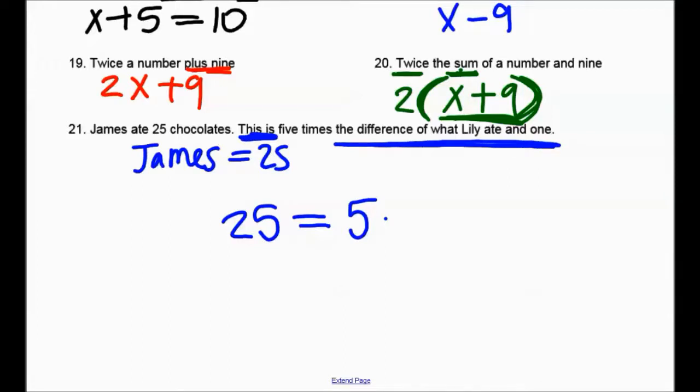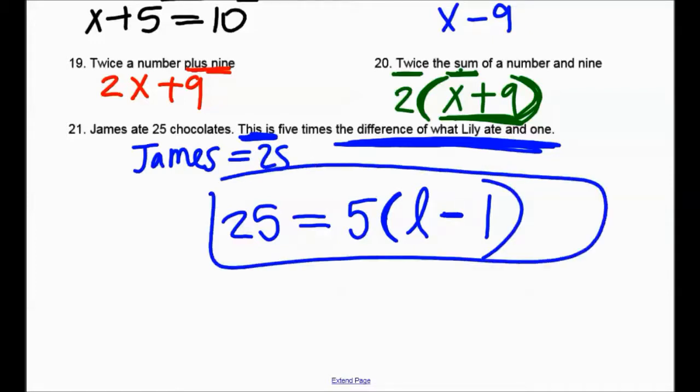It's 5 times the answer to a subtraction problem. So for us to do times that whole thing, again, we're going to use that parentheses. So the difference of what Lily ate and 1, difference means subtraction. Okay? So that's going to be our answer. James ate 25 chocolates, and that's the same thing as 5 times the difference of what Lily ate and 1.